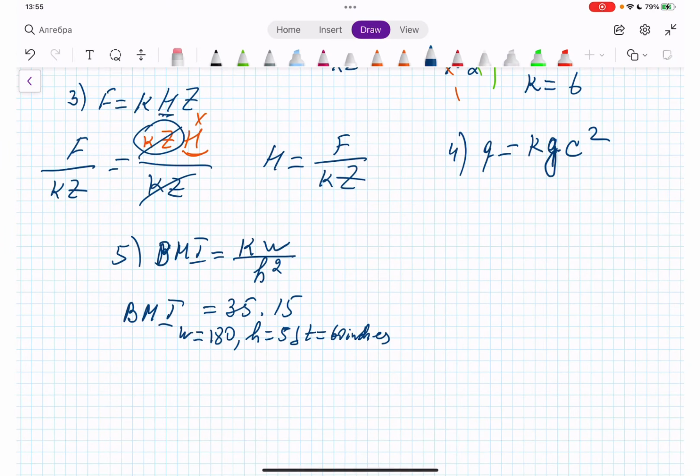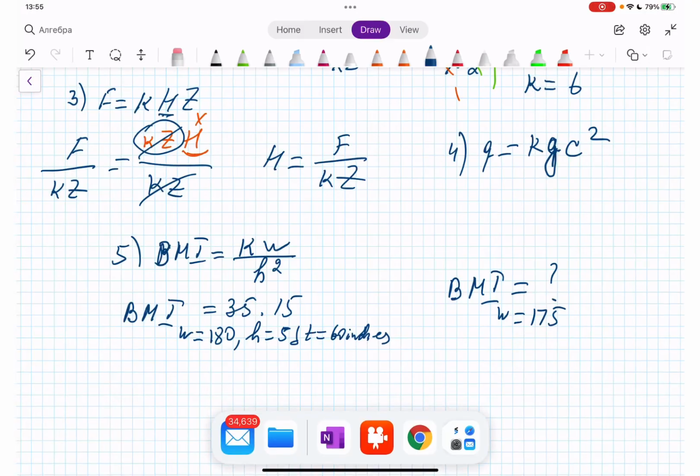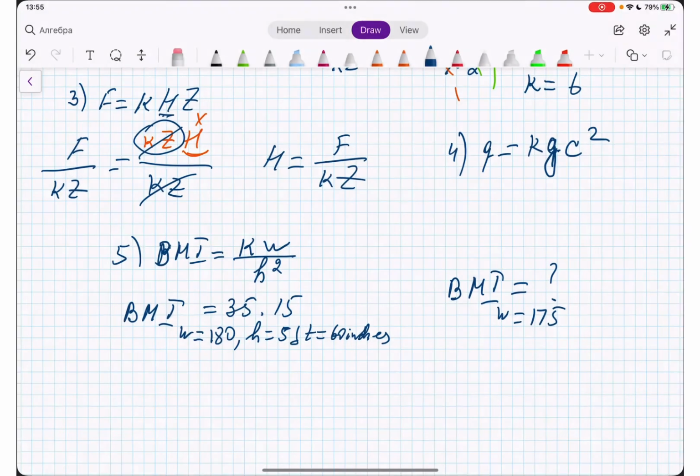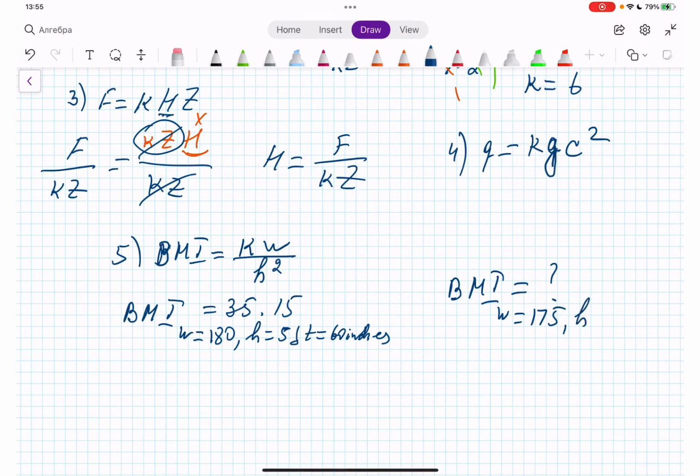So we need to find BMI, question mark, for weight is 175. Yes, 175 pounds, and height is 6 feet and 1 inch.